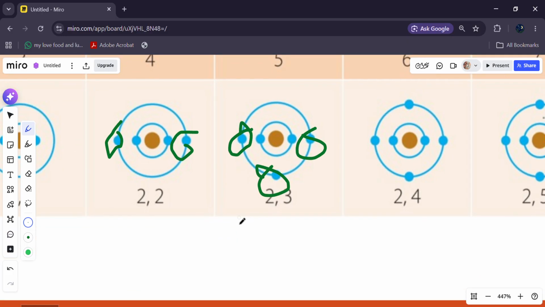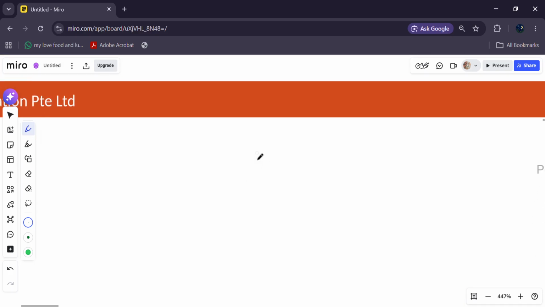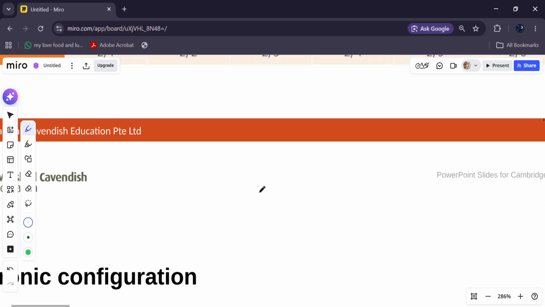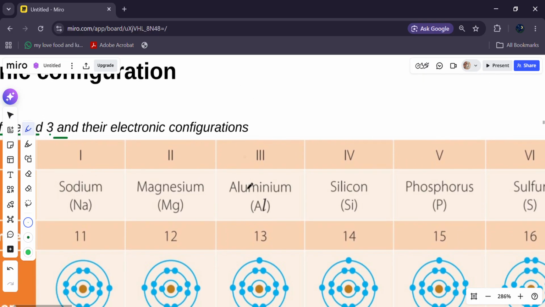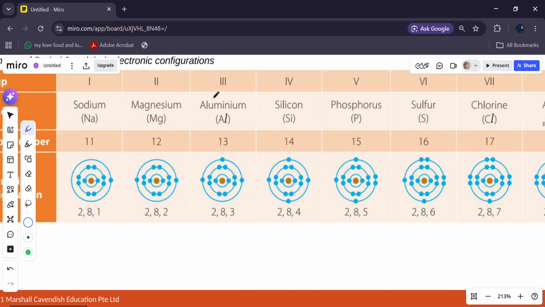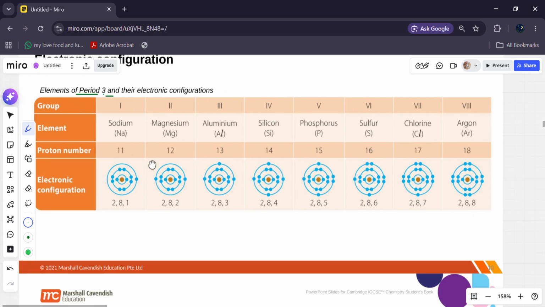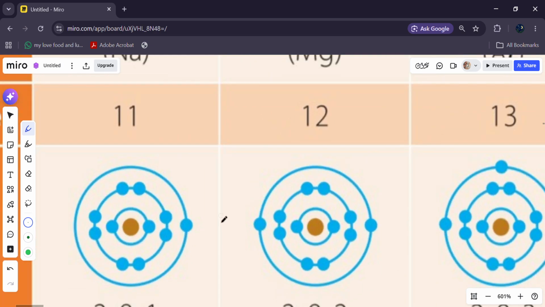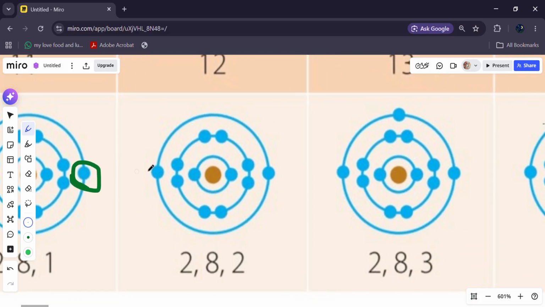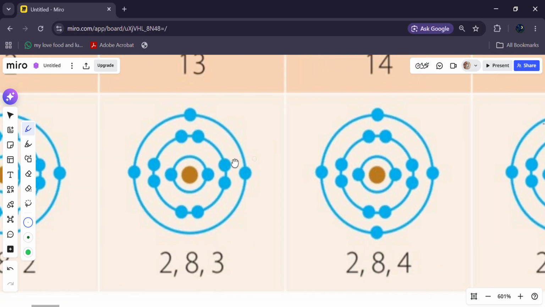So if that is the electronic configuration, the number of outer shell electrons is the same as the group number of the element. And elements with the same number of outer shell electrons have similar chemical properties. Even in period 3, the same thing happens. Group 1 elements have 1 electron in the outermost shell, Group 2 has 2, Group 3 has 3, and so on.